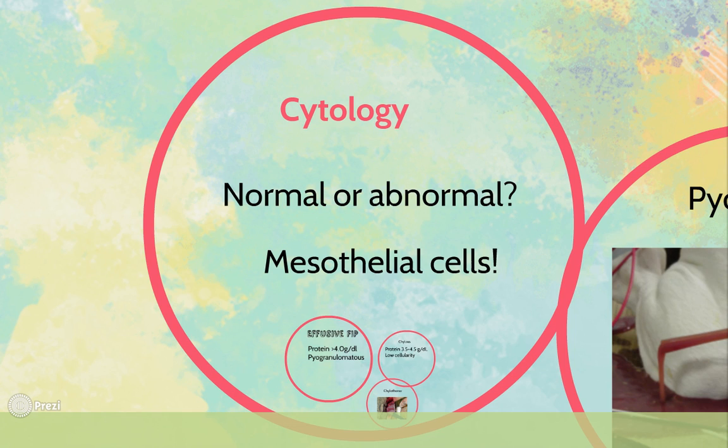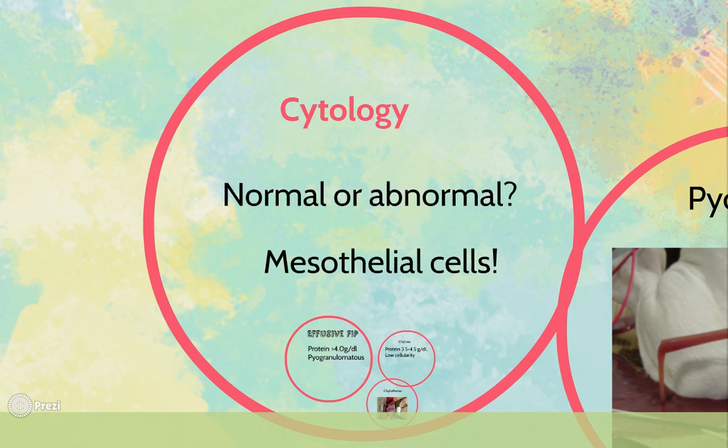All right, so cytology, normal or abnormal? In normal fluid, so typically transudate, you see mesothelial cells in low numbers, and occasional white blood cells in low numbers with normal morphology. In dogs and horses, neutrophils dominate. In cats and cattle, you tend to get more lymphocytes coming out.